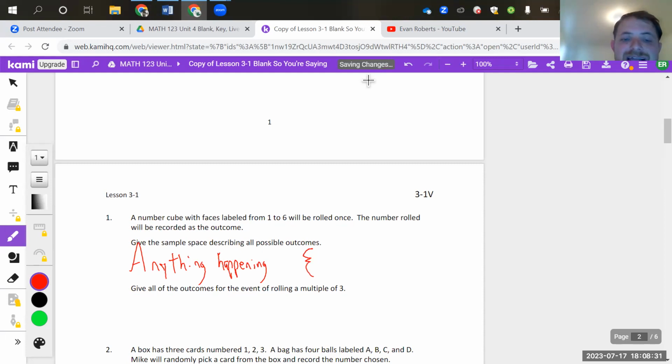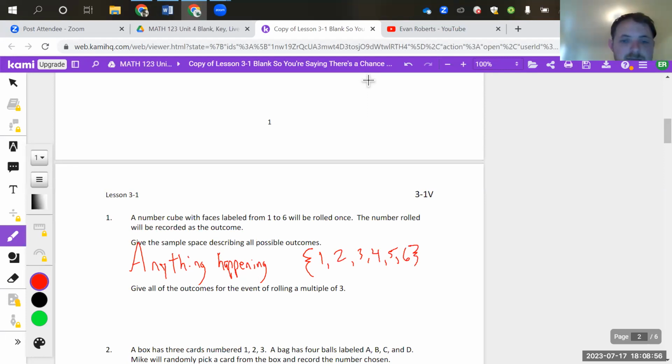And anything that could happen could be that you could roll a 1, you could roll a 2, you could roll a 3, 4, 5, or 6. And so that is the entire sample space. Whereas if you have to list outcomes or events, that's just a part. It could be the whole sample space, but it's usually just a part of that sample space.